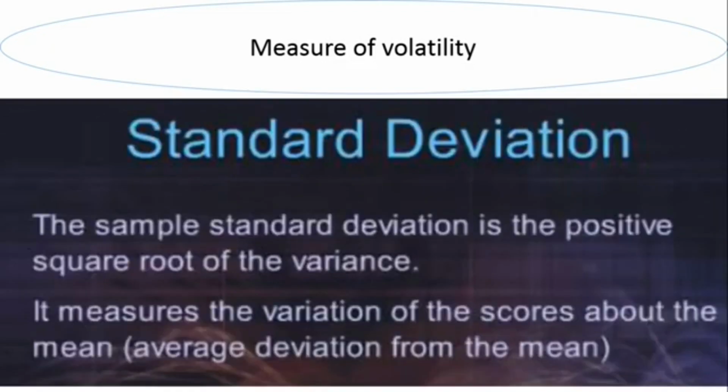The standard deviation of the sample is just the positive square root of the variance. That is the measure of variation of the scores around the mean, the average deviation from the mean.